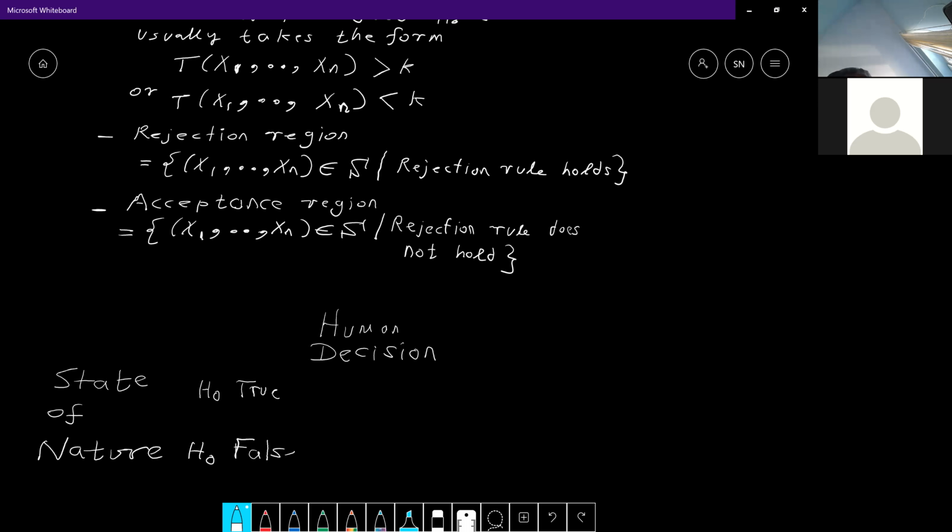The human decision can also take two different outcomes.